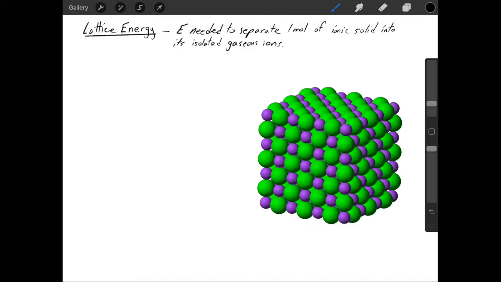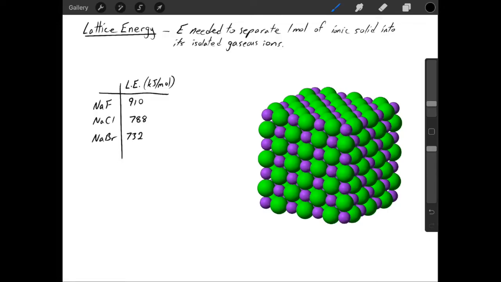So I'll give you a couple of examples now. In this example, we've compared the different lattice energies of the various sodium halides: sodium fluoride, sodium chloride, and sodium bromide. You might notice a trend of decreasing lattice energy as the anion gets bigger.